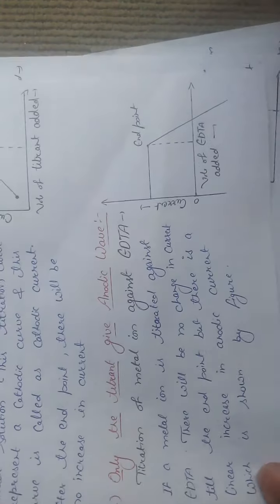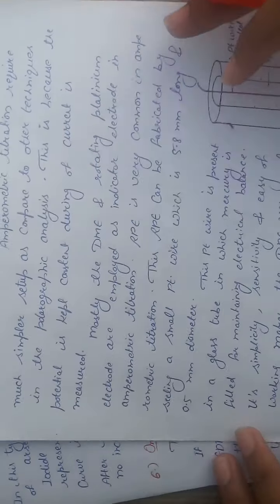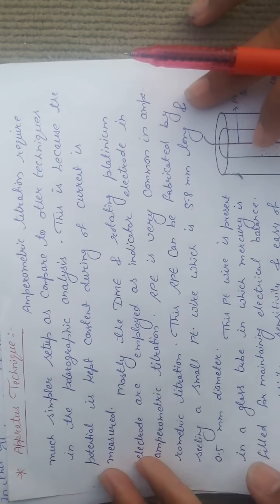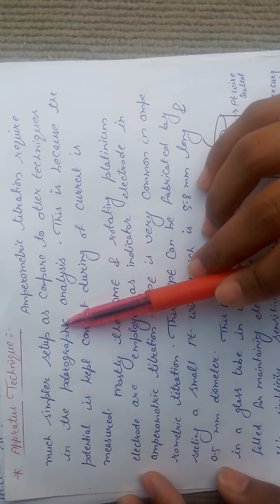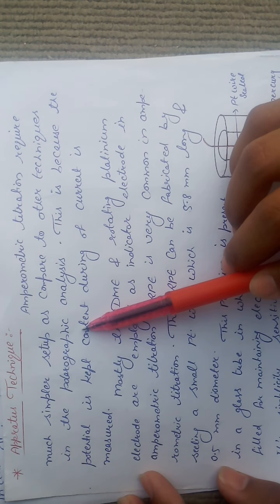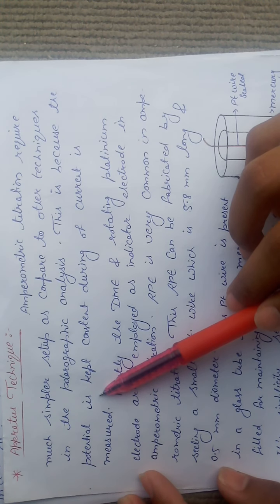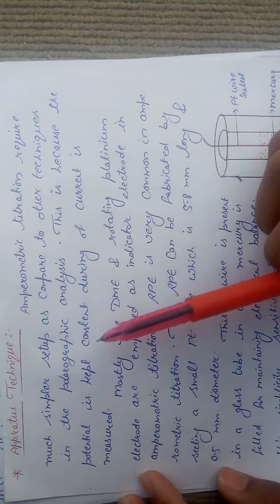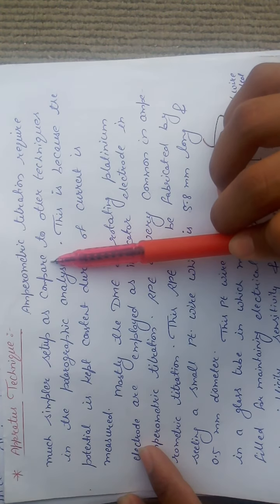After this, we will discuss the apparatus technique. Amperometric titration requires a much simpler setup as compared to other techniques like polarographic analysis. This is because the potential is kept constant while the current is measured, so we require a simpler formation.